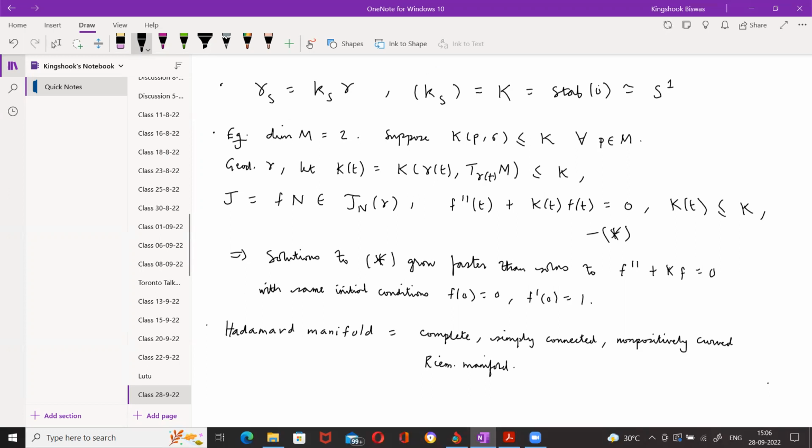They're complete and simply connected, and so all of them topologically are trivial. They're diffeomorphic to Rn. It's just the geometry which is different. So the topology is trivial.